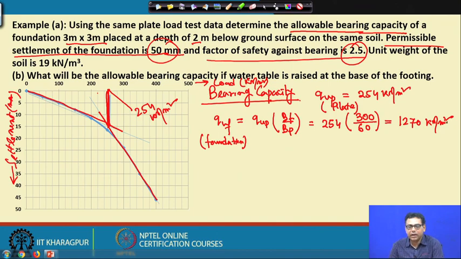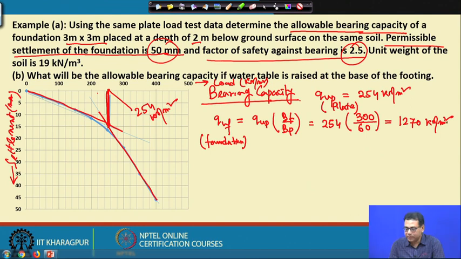And one thing that I want to explain, that you can take this load and then divide it by the factor of safety, then you will get the safe load that can act on the foundation in terms of bearing capacity. But one thing, that here the plate load test is conducted at the base of the foundation.